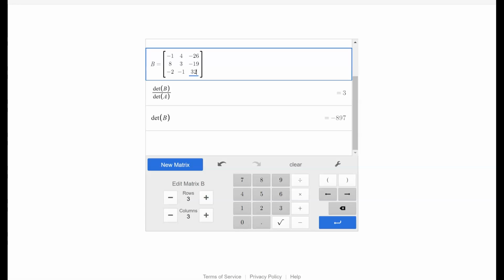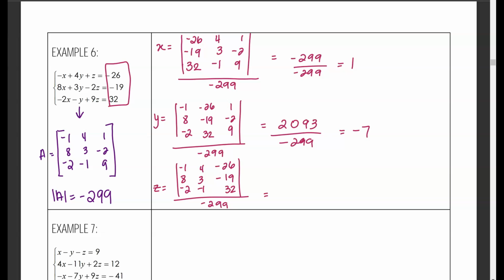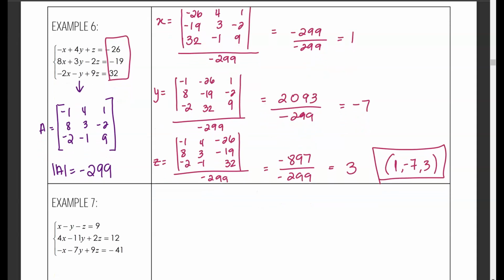Okay, so we can see that the determinant is going to be negative 897 all over negative 299, which is going to give us a positive 3. So this tells us that our final solution is going to be 1, negative 7, 3. Yay. Alright, and that's it for that one.